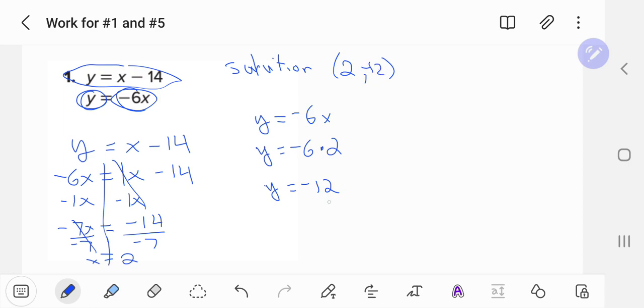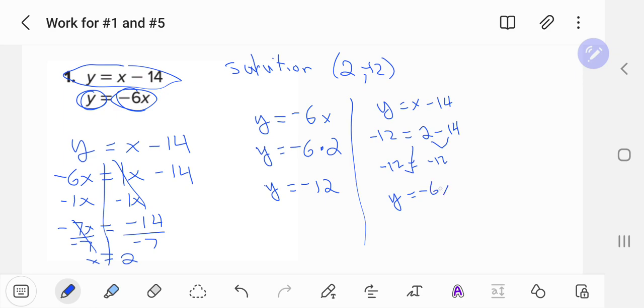How can we check that? Well, we can check that by plugging it into the original. So y equals x minus 14. The y we think is negative 12, and 2 minus 14. Is that true? Yes. Negative 12 does equal negative 12, right? The right side of the equation when we substitute in equals the left side, and we check the other one, y equals negative 6x.